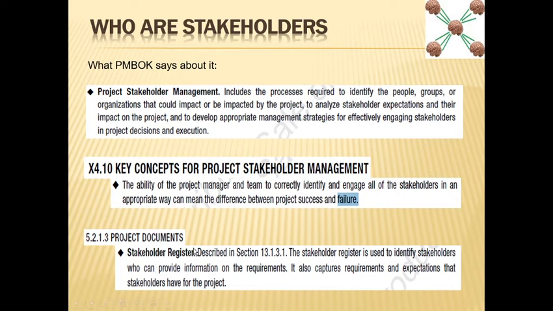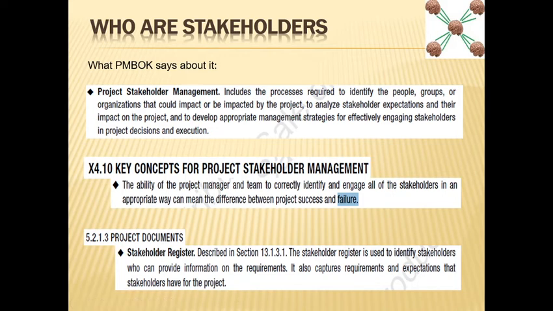Also part of the project documentation is the stakeholder register, which we discussed already. This register is used to identify stakeholders who can provide information on the requirements. It also captures requirements and expectations that stakeholders have for the project.